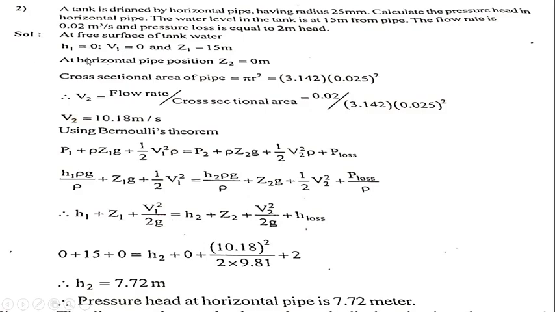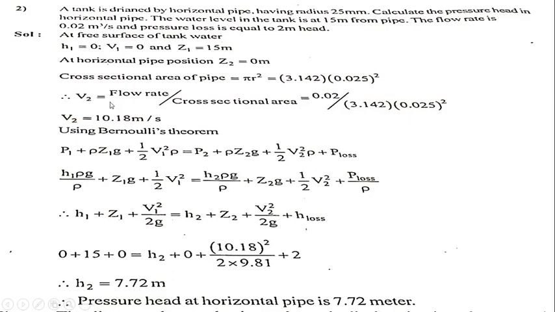Now at the free surface of tank water, H1 equal to 0, V1 equal to 0 and Z1 equal to 15 meter. At the horizontal pipe position, Z2 equal to 0 meter. Cross sectional area of pipe equal to pi r square, that is 3.142 into 0.025 bracket square.